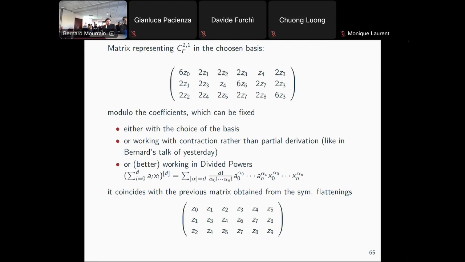I don't know if you remember this from yesterday: this is one of the flattenings that we did yesterday on one of the symmetric tensors. So doing this partial derivation is exactly the same thing as doing some flattening. That's not surprising, because when you do partial derivation, if you forget the coefficients, you really get the coefficients of your polynomial.